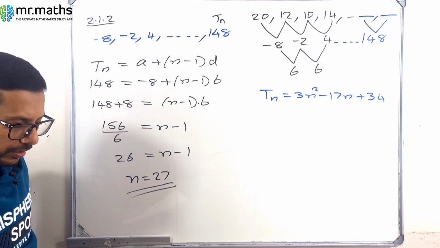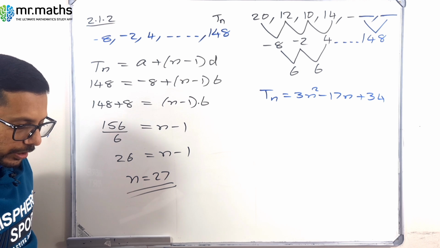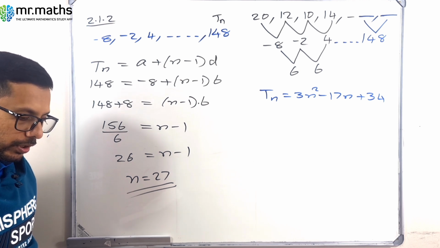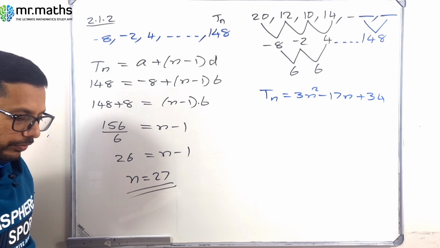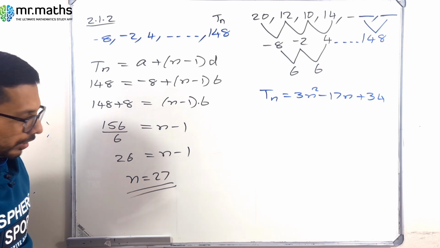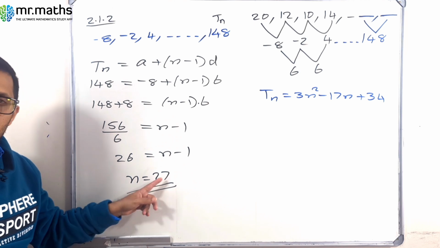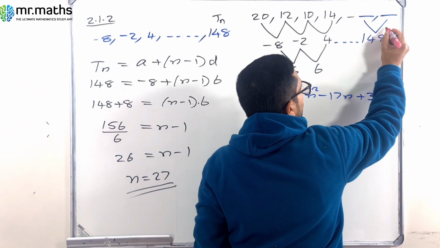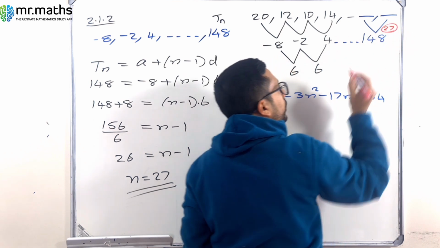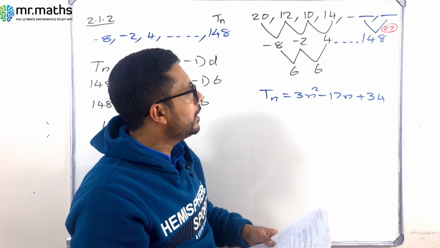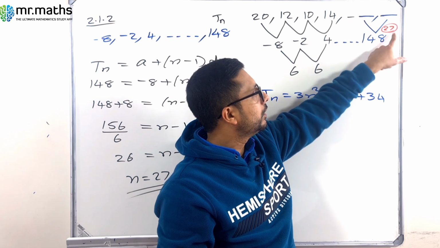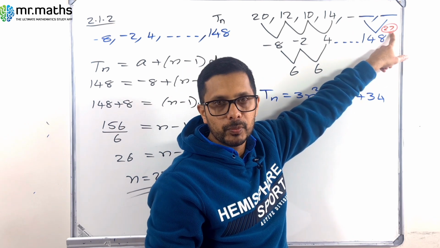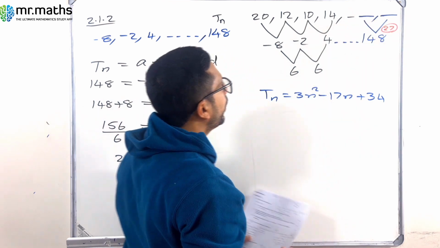Okay, now look at the question once more. Determine between which successive terms in the quadratic sequence the first difference will be 148. So here n is equal to 27 means this 148 is the 27th term. You have to understand that one. Now look at this one.